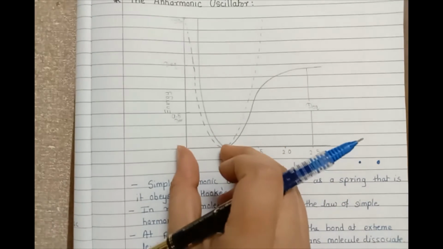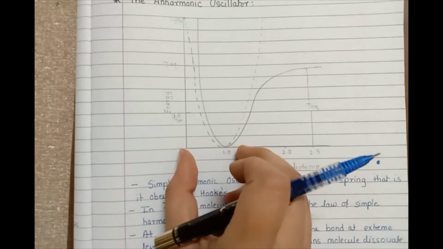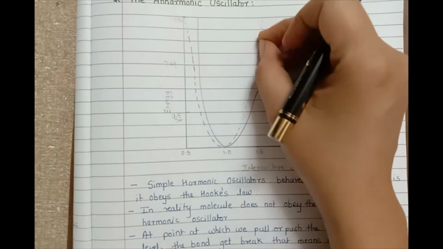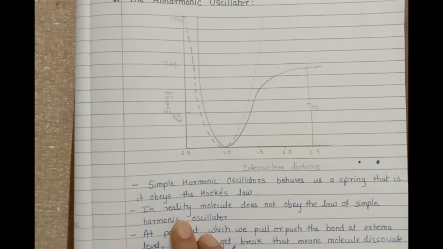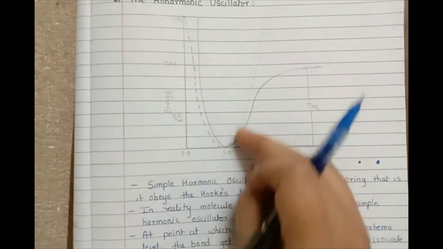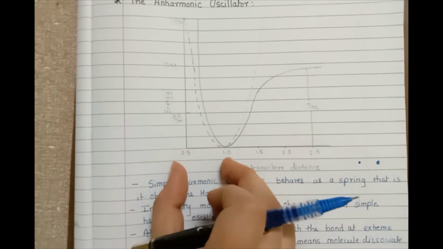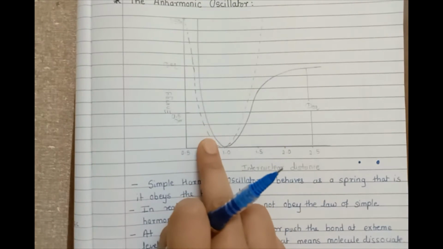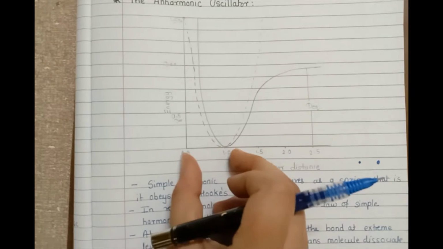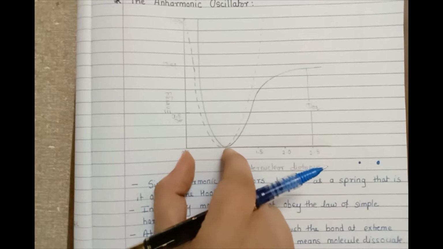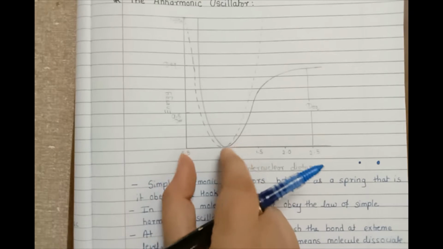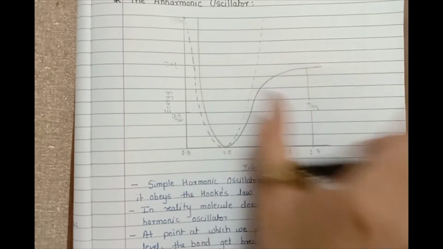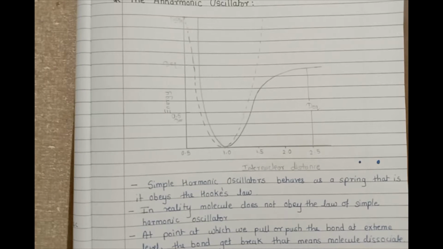Or we increase the internuclear distance, that means we expand the bond, its energy decreases. But in reality, if this is the stable internuclear distance, when we decrease the distance, the energy will increase. But when we pull the bond away, at some level the energy will increase, and at some point the bond will break. Is it okay?